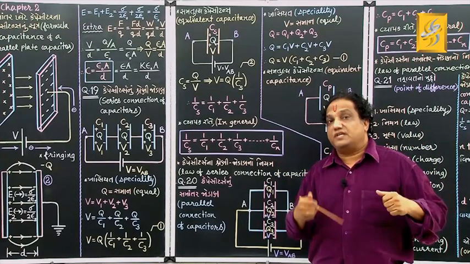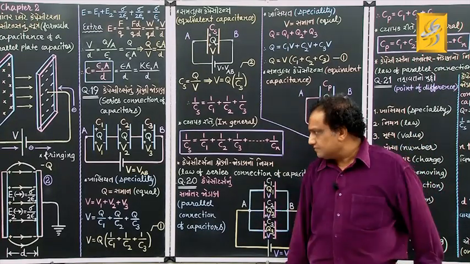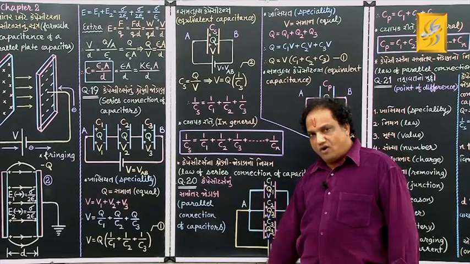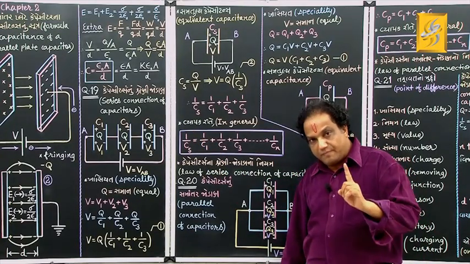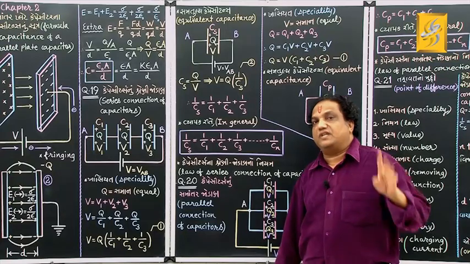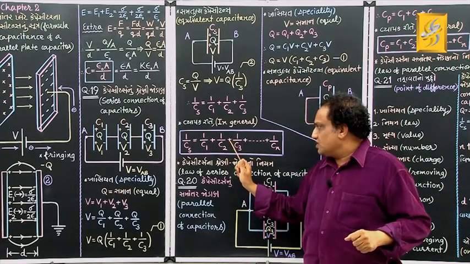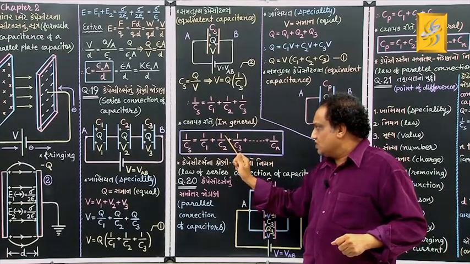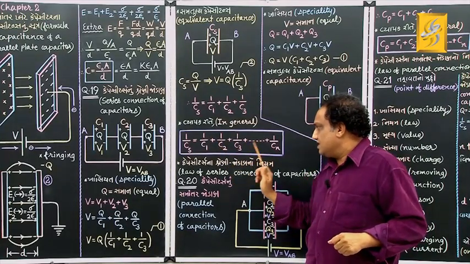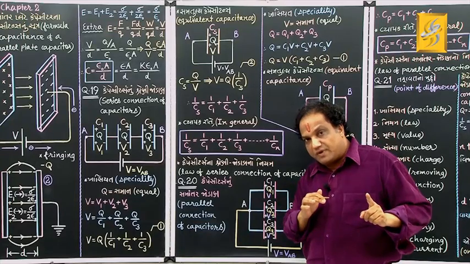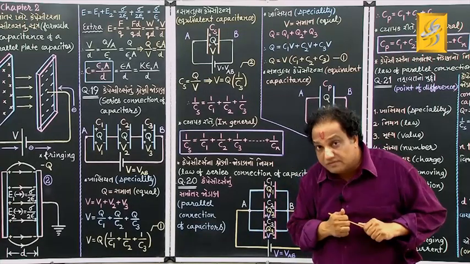How would you express it in words? Simple. Reciprocal of equivalent capacitance of a given series connection of capacitors is just equal to the summation of reciprocals of capacitances of individual capacitors in that connection.